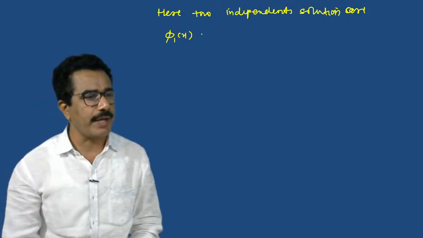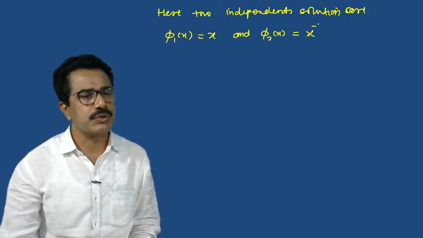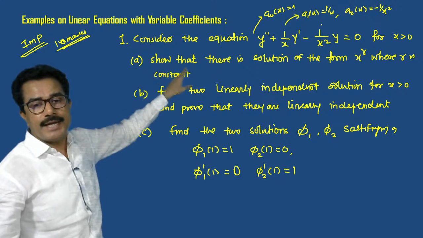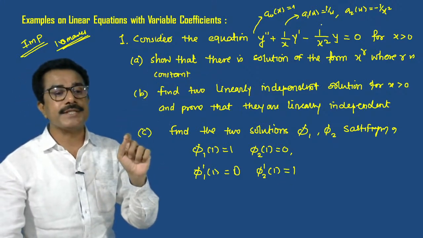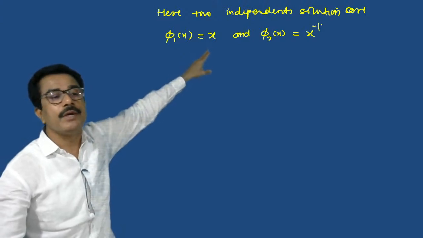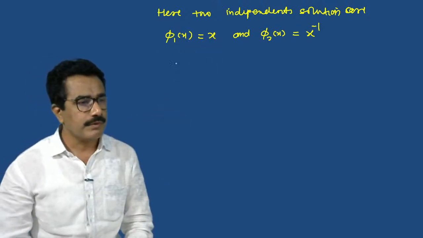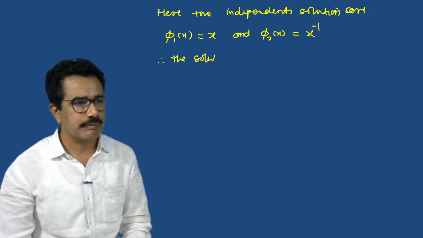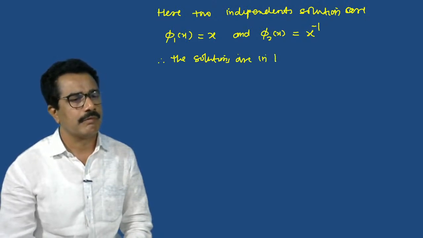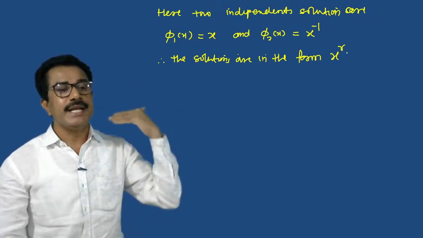So phi1(x) = x and phi2(x) = x^(-1). Now let us move to our main problem: show that there is a solution of the form x^r. See how our independent solutions phi1 and phi2 came: x^1 and x^(-1), so r is 1 here. So the solutions are in the form x^r, meaning x^1 and x^(-1).